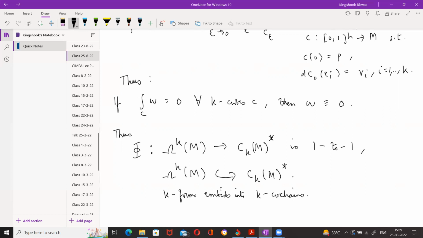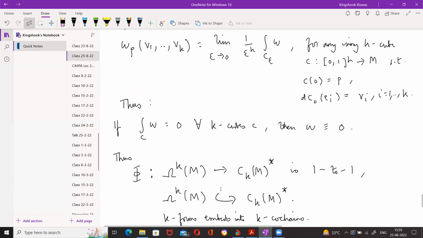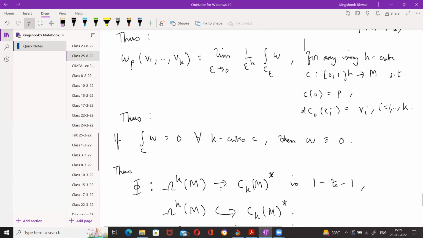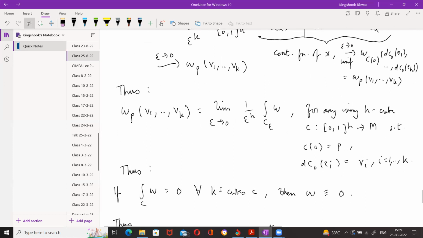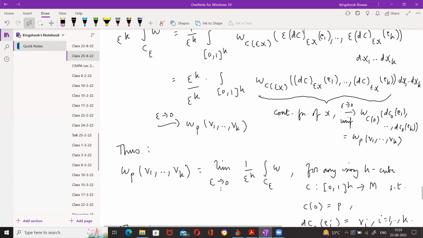Okay, so a k-form is determined by its integrals over k-cubes. We can recover it from its integrals over k-cubes, by taking the integrals over small cubes C epsilon and dividing by epsilon to the k. Is this all right?